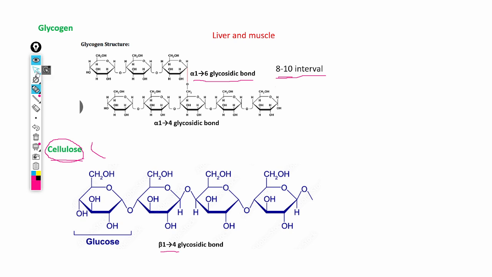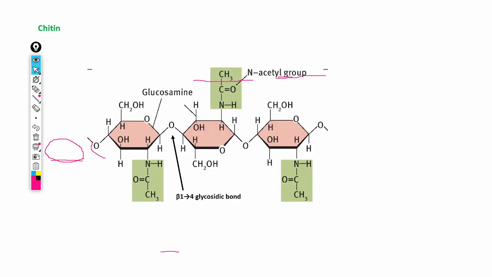So now come to the next slide. This is called chitin. It is also a homopolymer. It is linear and it is formed by beta 1,4 linked N-acetyl glucosamine.